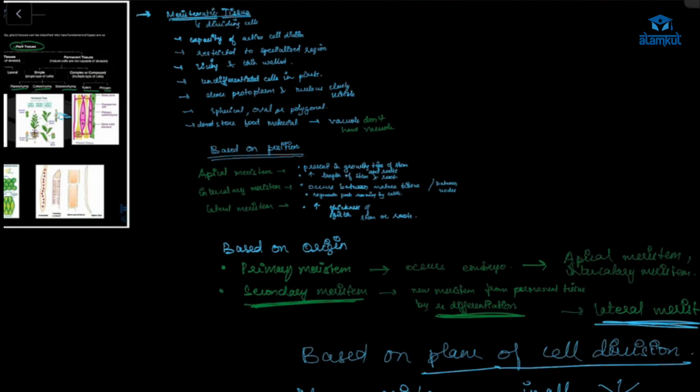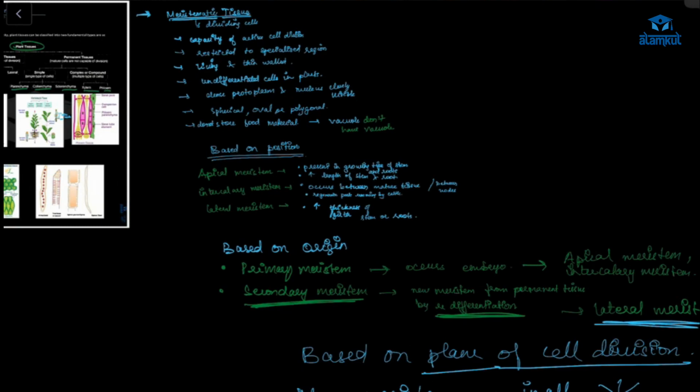So in today's class, we learned about what a tissue is. A tissue is a group of cells that have the same structures and functions, and together they form a tissue. Plant tissues are of two types: meristematic and permanent tissue. Meristematic tissue is further divided into apical, lateral, and intercalary, whereas permanent tissue is further divided into simple and complex tissue. Simple is divided into parenchyma, collenchyma and sclerenchyma, and complex into xylem and phloem.